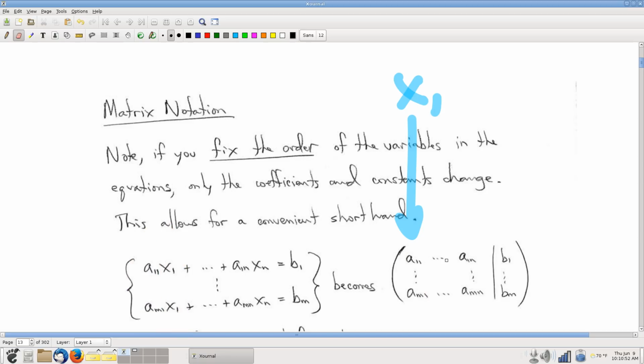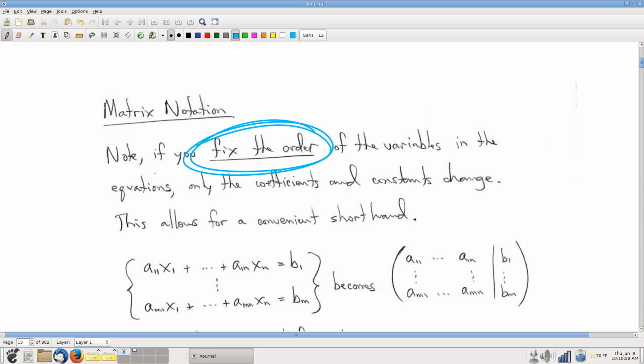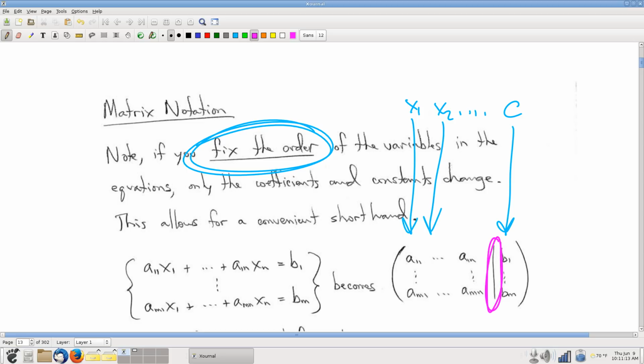So you just have to make a fixed choice, and you do have to fix it. You have to fix the order of the variables. You have to decide that that's going to be the x1 column, and that's going to be the x2 column, etc. And then this is going to be the constants column, and I'm always going to put the equal signs here.